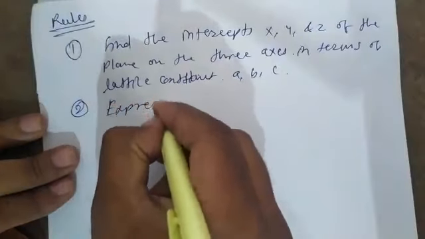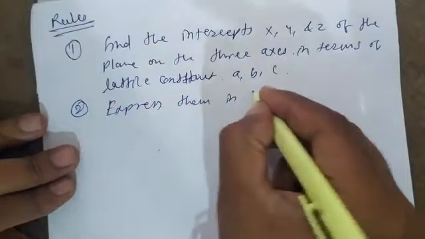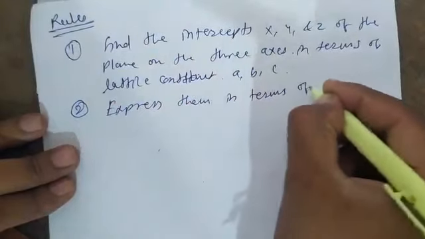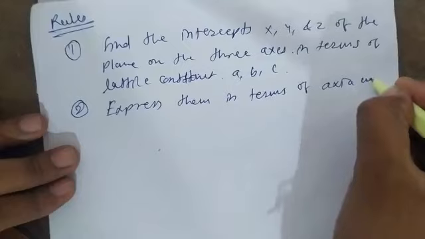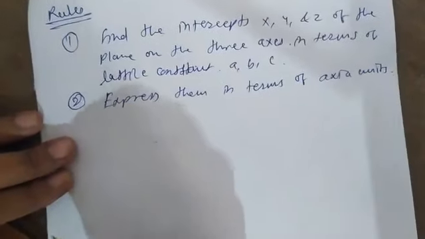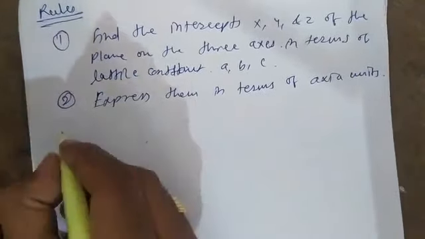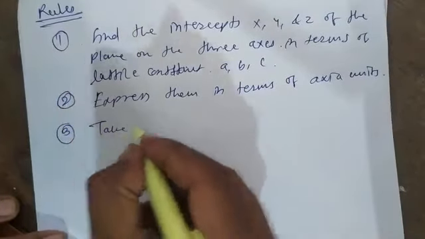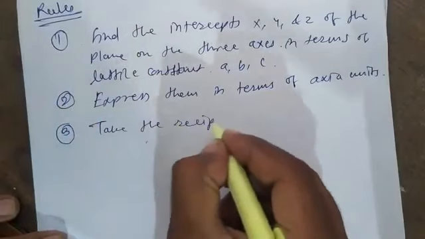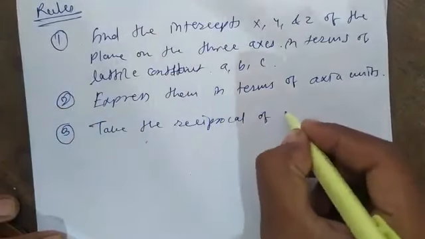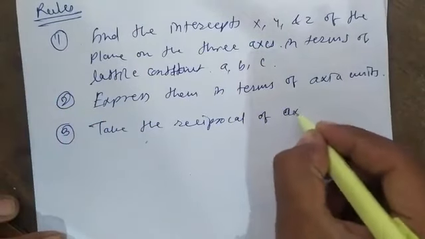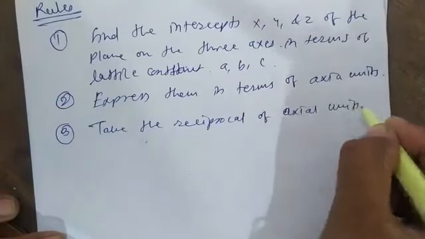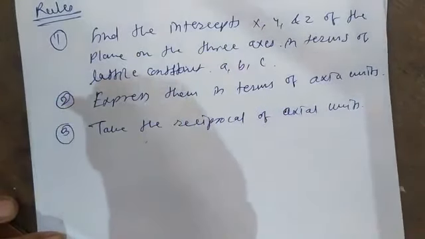The second rule is, express them in terms of axial units. Third is, take the reciprocal of these numbers, the axial units.